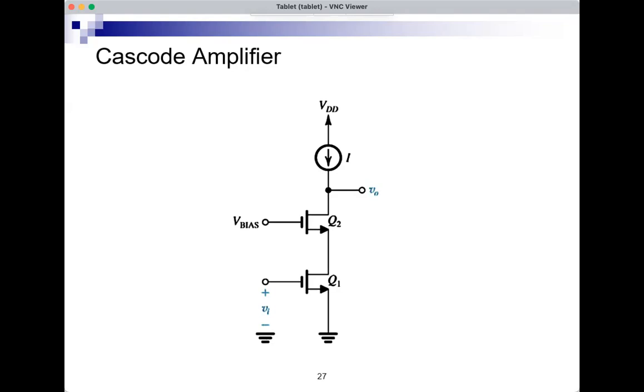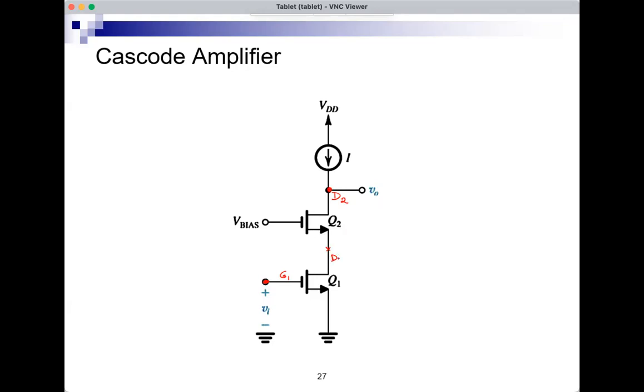So the input is at the gate of the first MOSFET. The output is taken from the drain of the second. And there's a node in between.